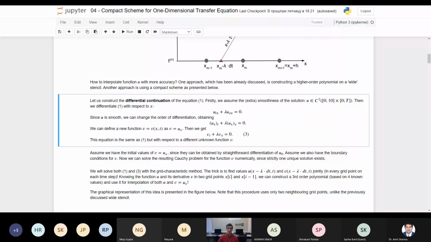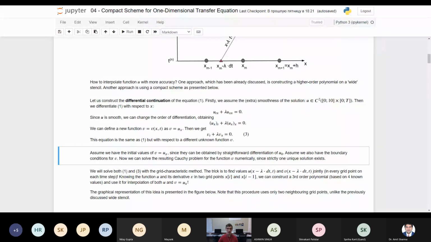Also, the original values of v can be found by differentiating the initial condition of the Cauchy problem. There's a question with boundary conditions for v.